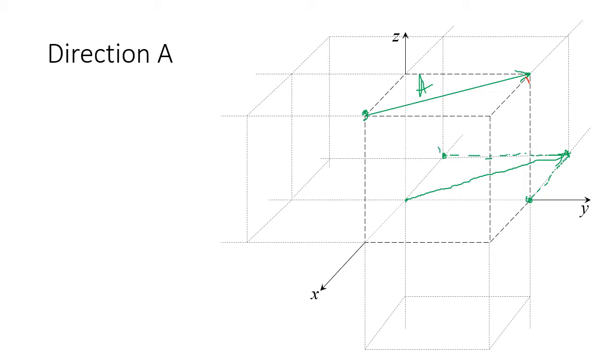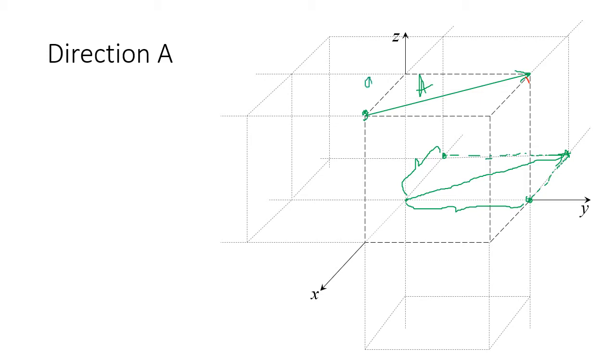In step 2, we want to find out the projection length on x-axis and the projection length on y-axis. Okay, sorry, that is not the projection length on y-axis. The projection length on y-axis is this. Now, as we can see, the projection length on x-axis is equal to the lattice parameter.